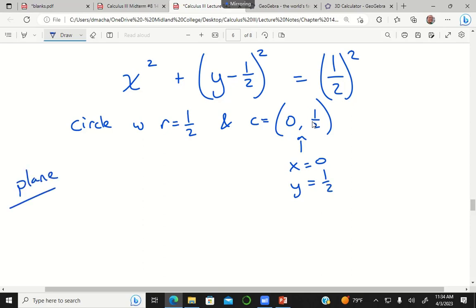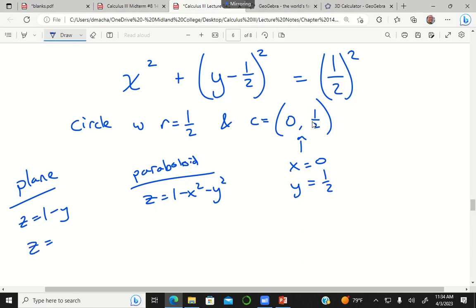For my plane, z equals 1 minus y, and for my paraboloid, z equals 1 minus x squared minus y squared. So for the plane, z is equal to 1/2, and for the paraboloid, z is equal to 1 minus 0 squared minus 1/4, so z is equal to 3/4.